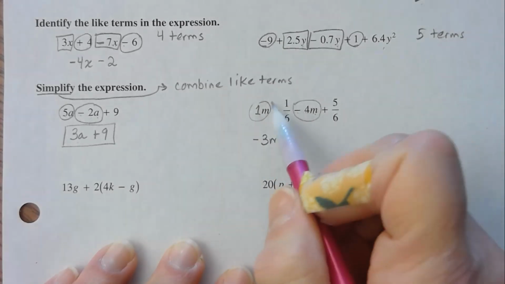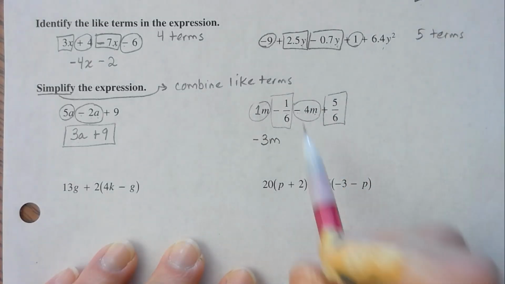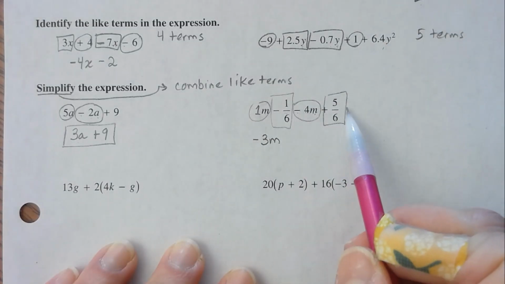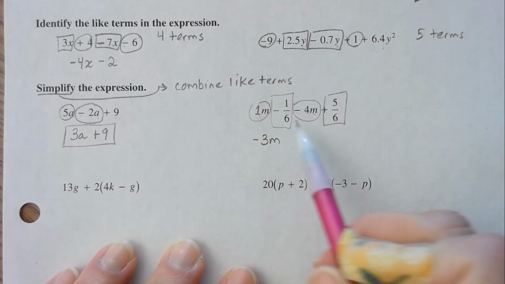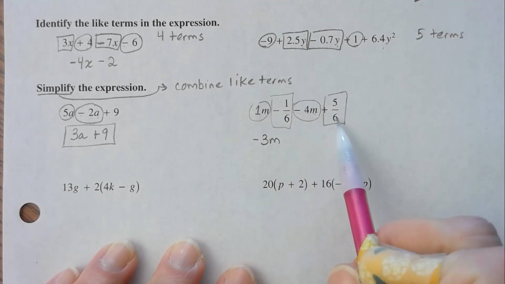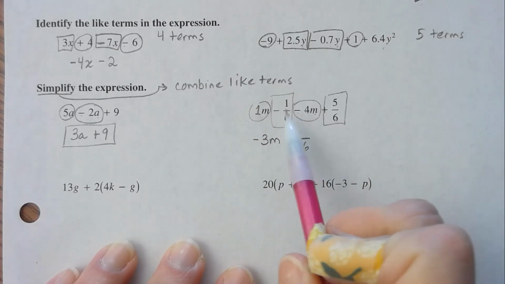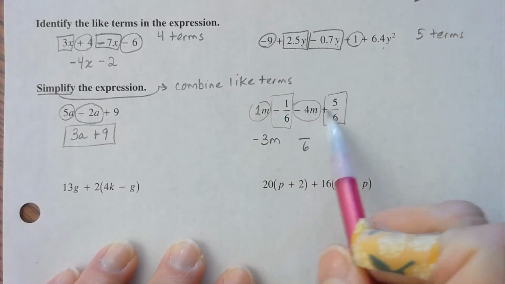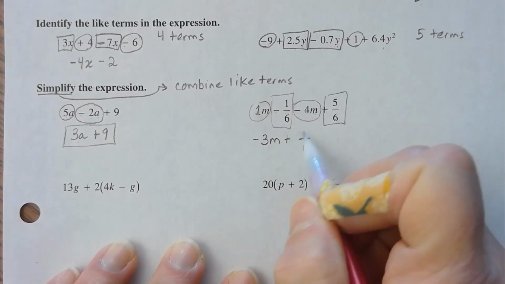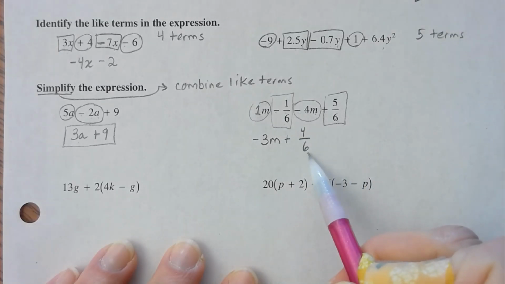The other 2 terms, negative 1/6 and positive 5/6, are also alike. They don't have a variable with them. So I can combine these 2 terms. I already have a common denominator, so I keep that denominator. Negative 1 plus 5 is positive 4. I have combined like terms.